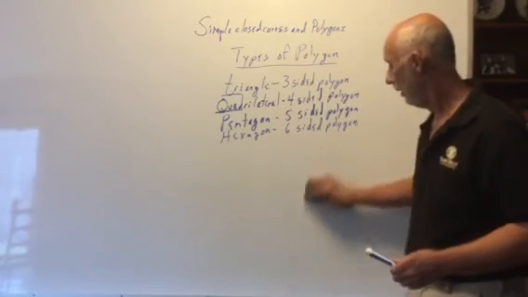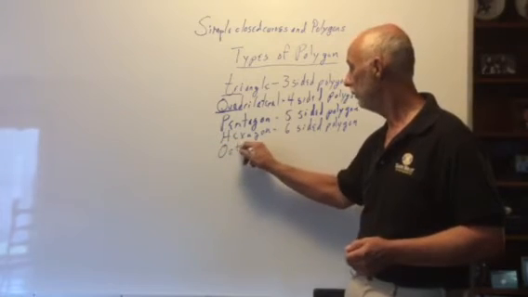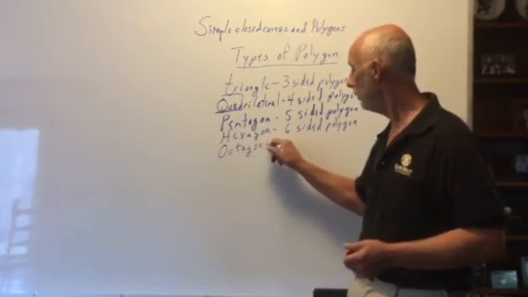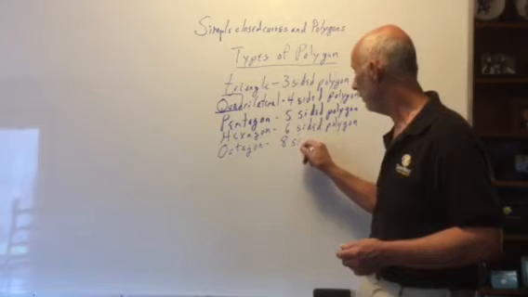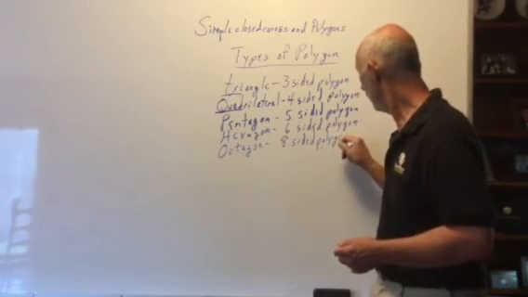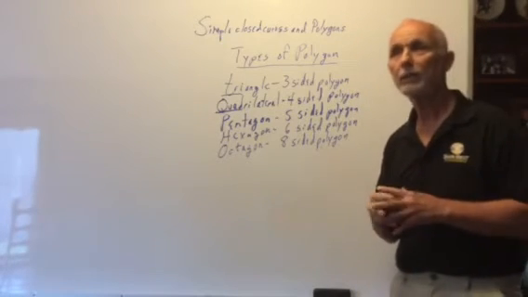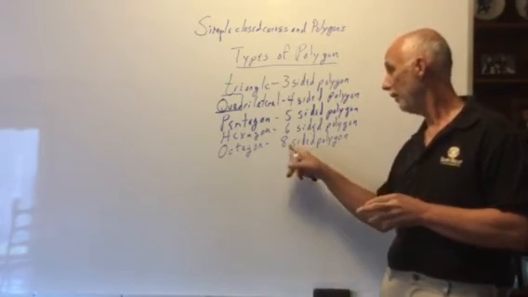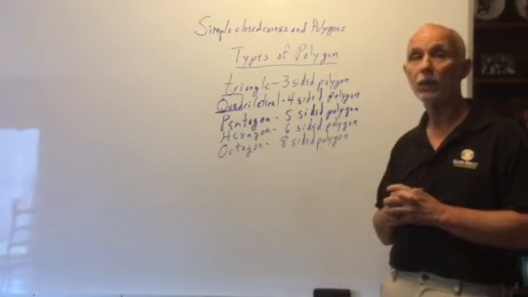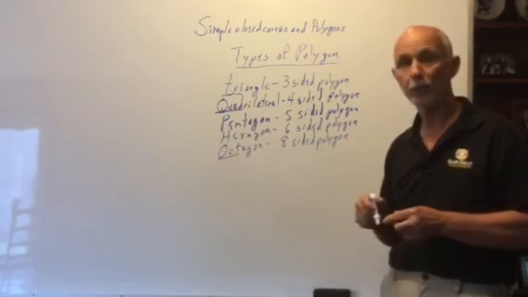Okay? The next one I want you to learn is an octagon. And an octagon is an eight-sided polygon. I would kind of hope that most of you could guess why it's an eight-sided polygon, because an octagon comes from the same prefix oct as an octopus.